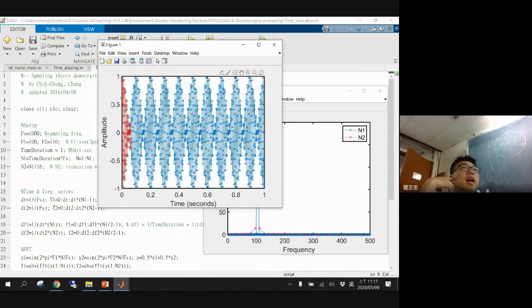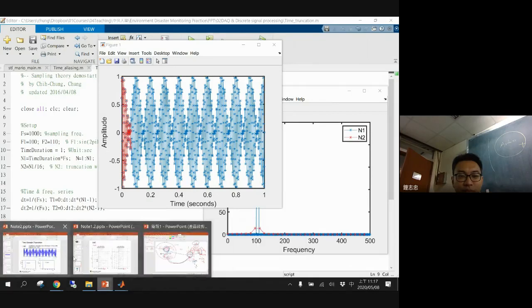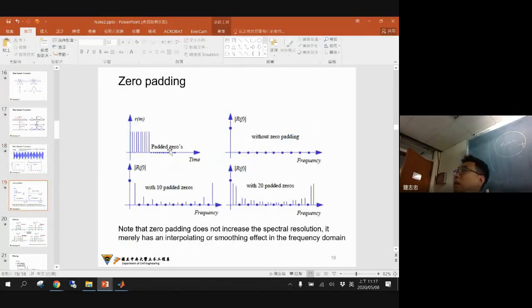Right, in the theory, this is right. So sometimes someone would say, if I pad the zero at the end to extend, I already have this data, but I try to extend the total length. So the rest part, I use zero data to pad. This is what we call the zero padding.